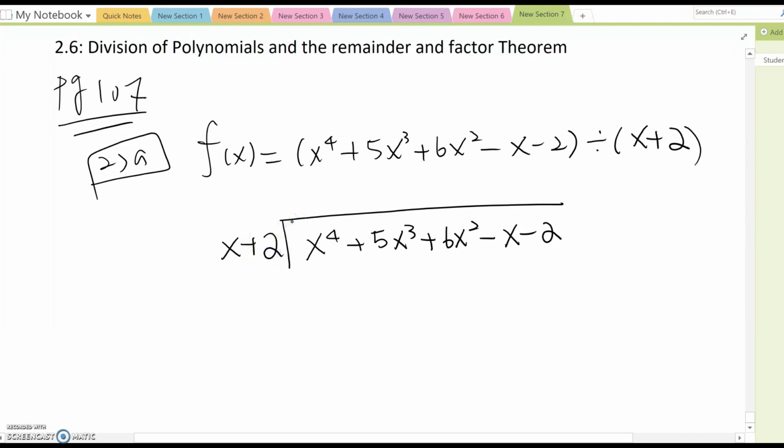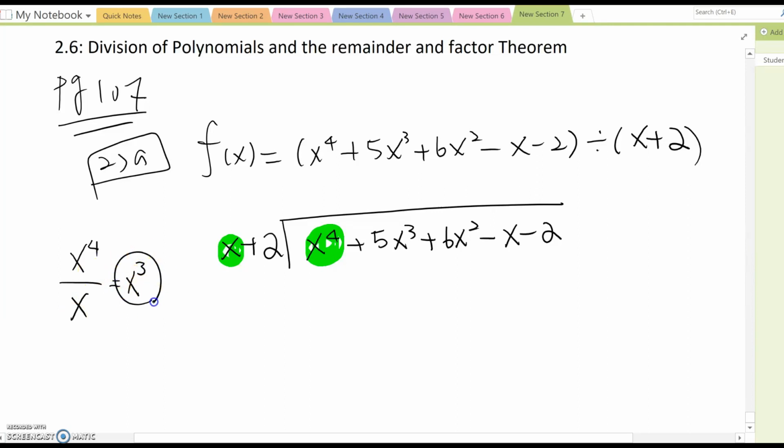Now the key point is you only care about the dividend's leading term and the divisor's leading term, and make a division between them. So, dividend over divisor, which is x^4 over x. Then what do you get? x^3 here.